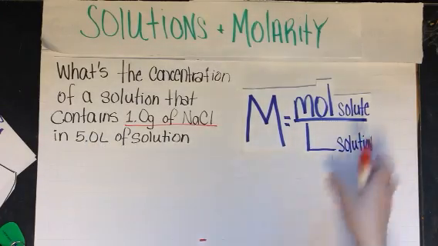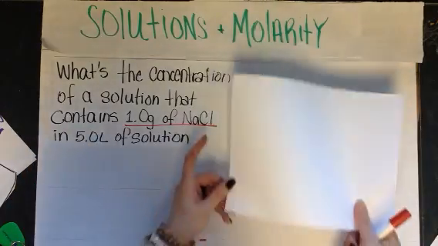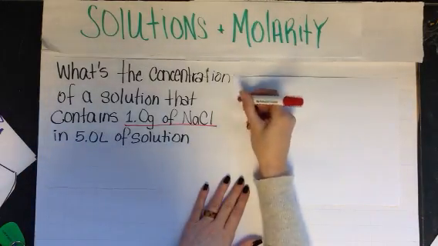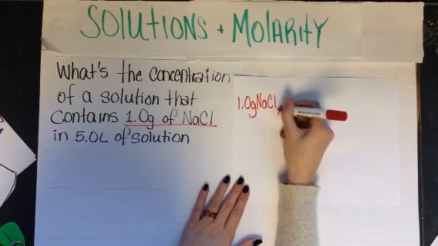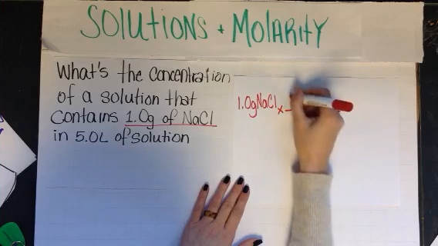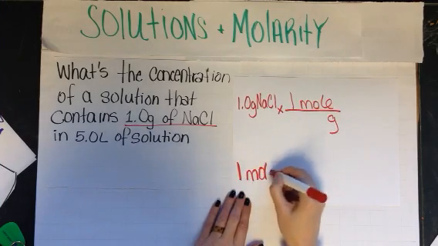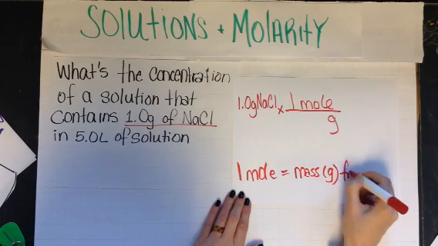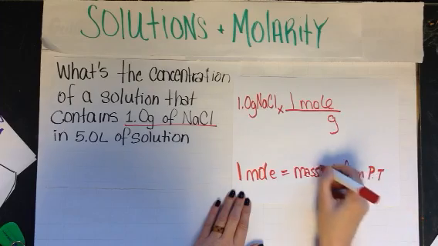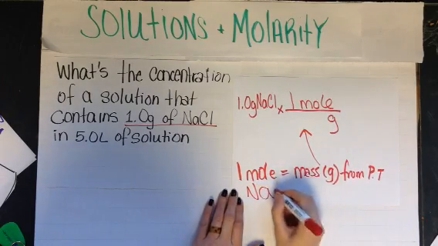Okay, so what's the conversion? Well, hopefully you remember in this chapter, 1.0 grams of NaCl can be converted to 1 mole. Remember, 1 mole is equal to the mass in grams from the periodic table. So I look up the periodic table and I find the mass of sodium, right?